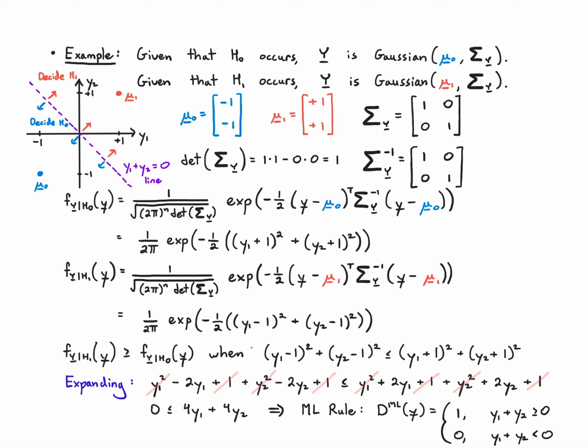So wherever I land, if I land on the top right of this purple line, I'm closer to the red point. If I land on the bottom left, I'm closer to the blue point, and then I just make that corresponding decision. So the geometry also works out really nicely. And these kind of simple examples help you build up some geometric intuition, which can help you reason in higher and higher dimensions. All right.